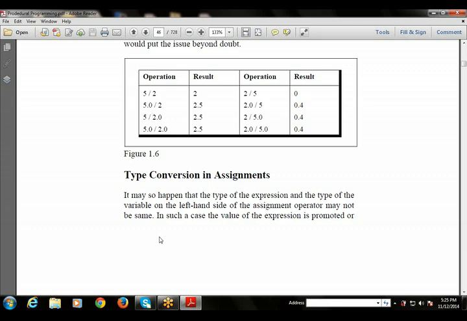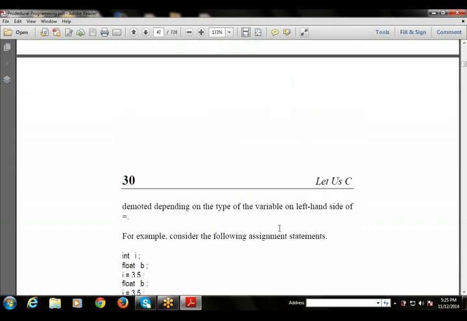It may so happen that the type of the expression and the type of the variable on the left hand side may not be the same. In such a case, the value of the expression is promoted or demoted depending on the type of the variable.